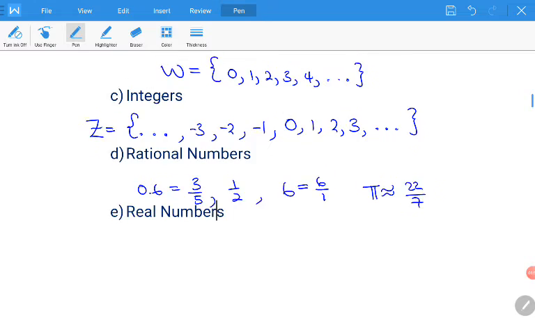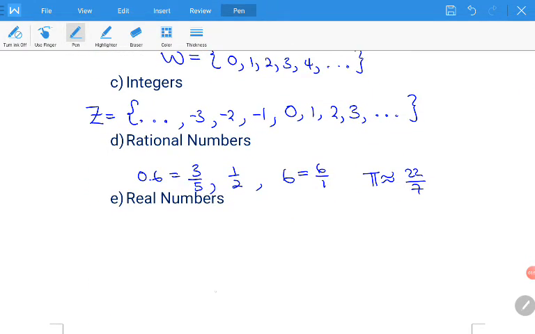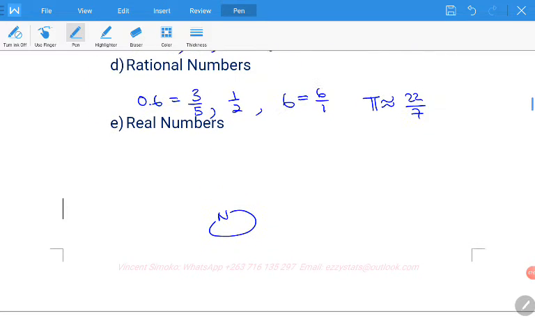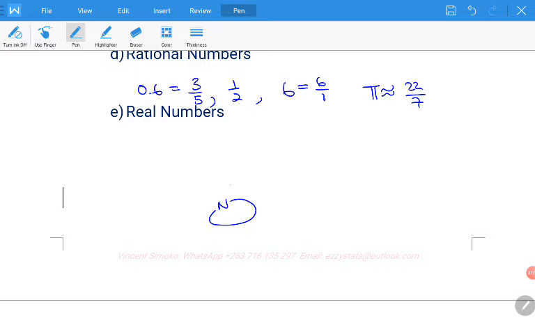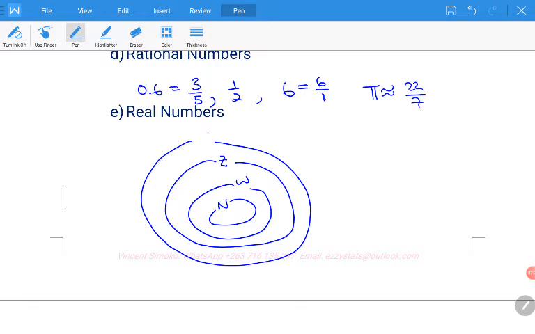So the set of numbers that we have is, we have natural numbers as a set, and all natural numbers are a subset of whole numbers, and all whole numbers are a subset of integers, and all integers are a subset of rational numbers.